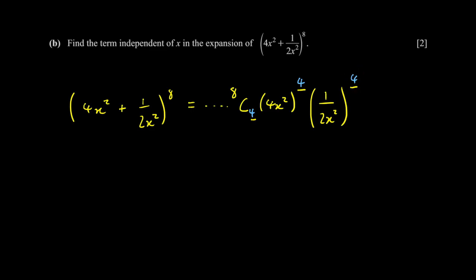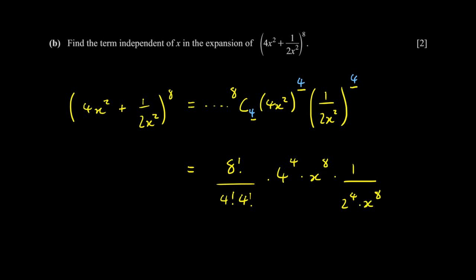So now I just got to simplify. Again, let's assume I don't have a calculator. 8c4 is 8 factorial over 4 factorial times by 4 factorial using the formula. We've then got 4 to the power of 4 times by x squared to the power of 4, which is x to the power of 8. And this is over 1 over 2 to the power of 4 times by x to the power of 8.